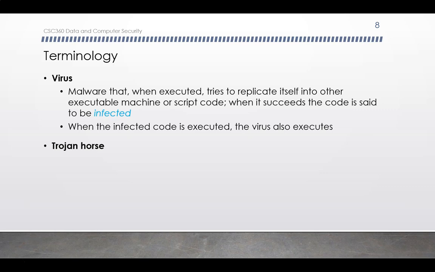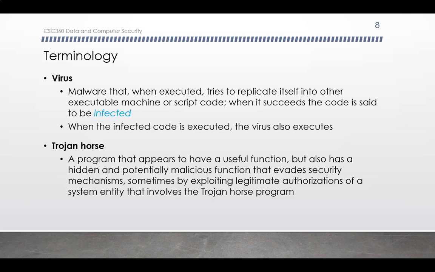A Trojan horse. This is a program that appears to have a useful function, but also has a hidden or potentially malicious function that evades security mechanisms, sometimes by exploiting legitimate authorizations of a system that involves the Trojan horse program. Now, the term Trojan is a very general term, or malware of a variety of different forms can qualify as being a Trojan.